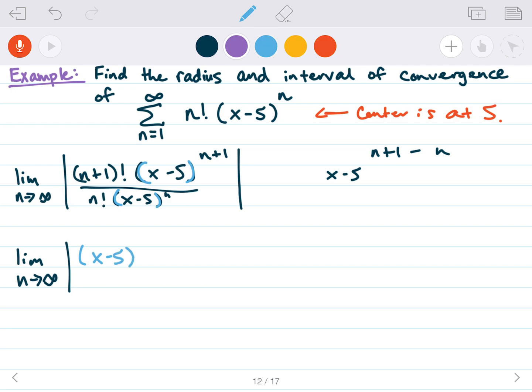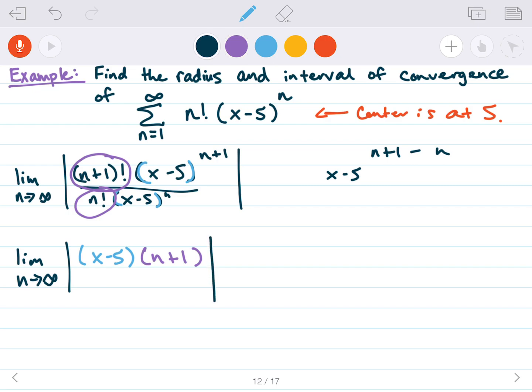And then, we've done problems like this with n plus 1 factorial over n factorial. What is that going to turn into? Well, if you think about it, it's just going to turn into n plus 1. We've done lots of examples with that, so I'm not going to expand it out.